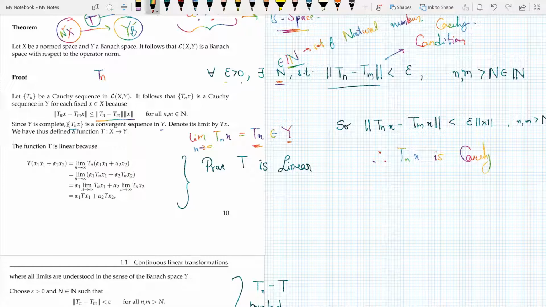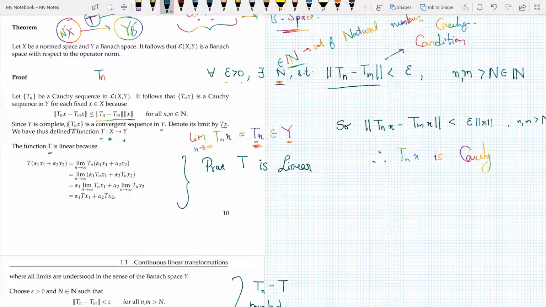Now I denote this limit by Tx, and therefore we have defined a function T from my normed space X to my Banach space Y. And here I prove that my T is linear. How do I prove that? I write it down like this. I replace this T with the limit as n tends to infinity of Tn, because this is exactly what we did before.